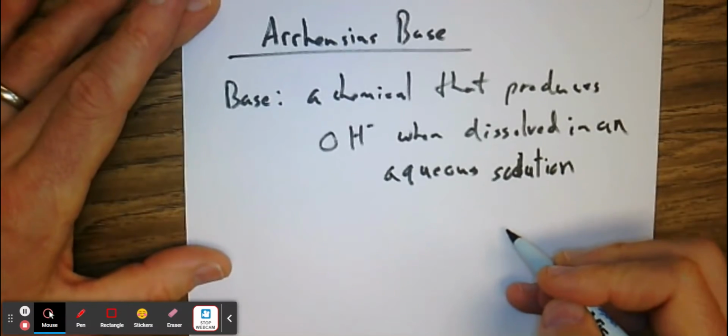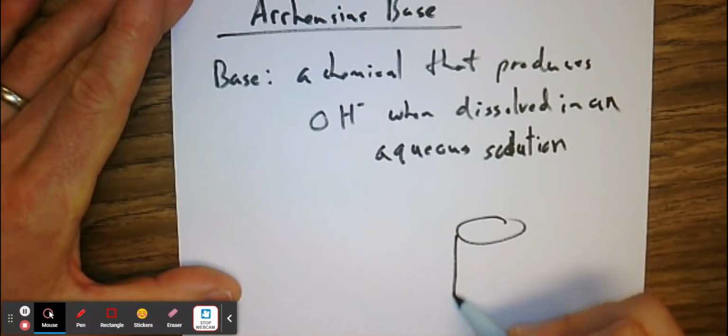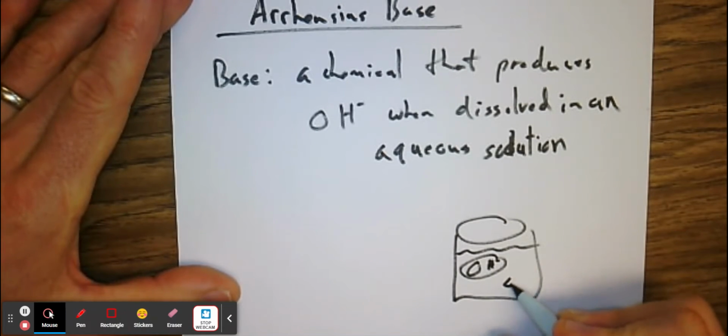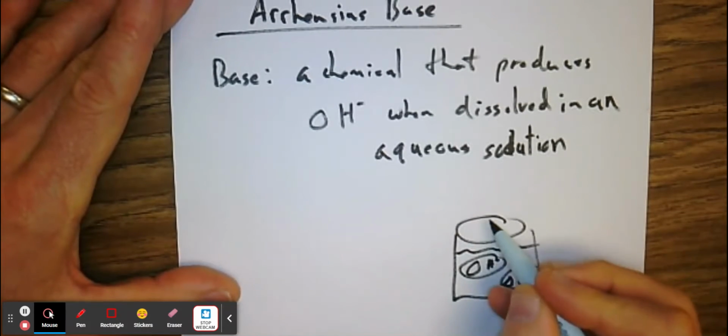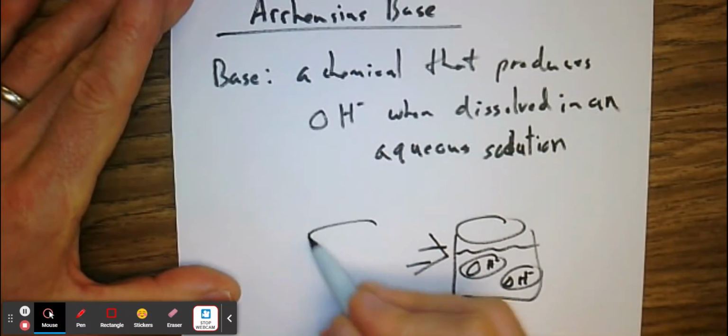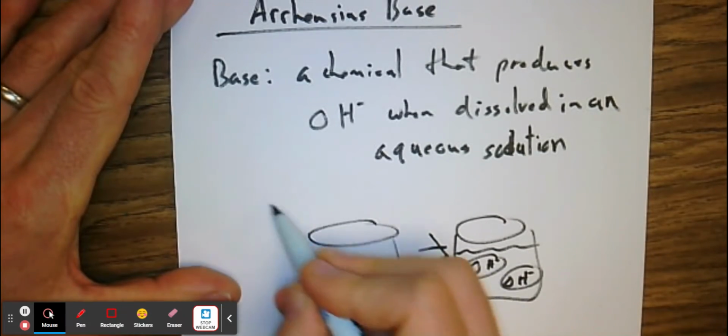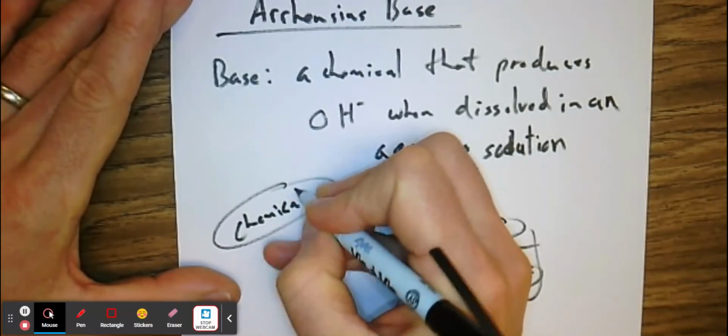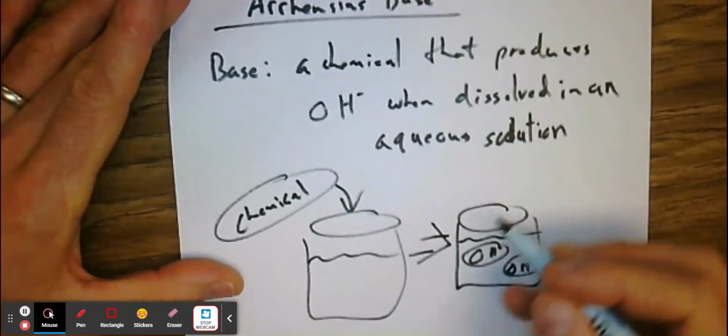So here's my solution. I've got the OH negative ions floating around. That came about from taking a chemical and putting it in.